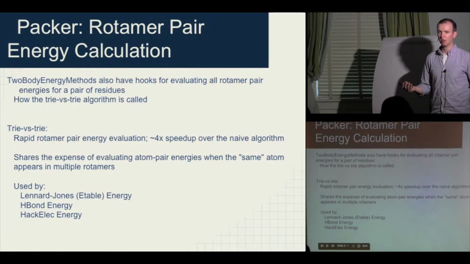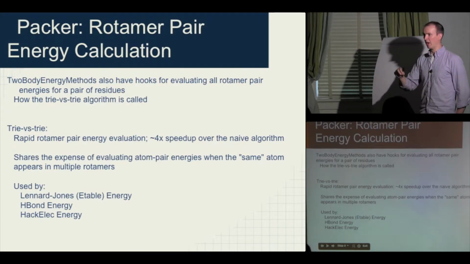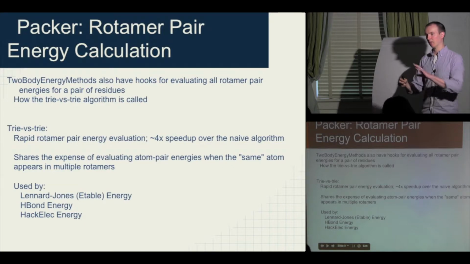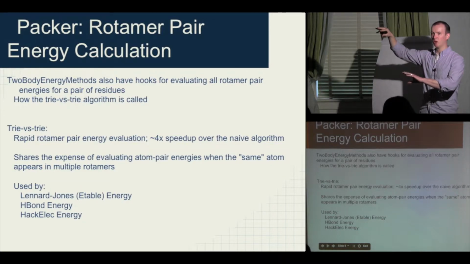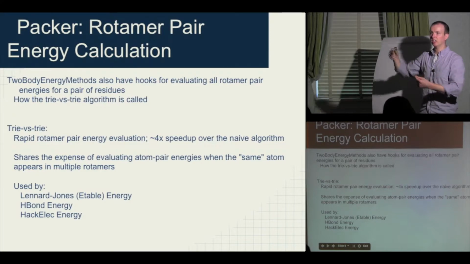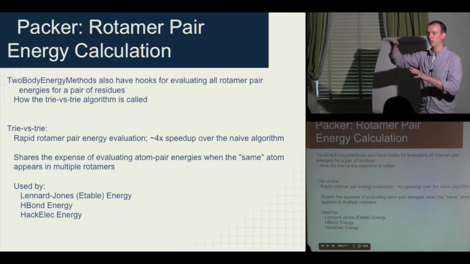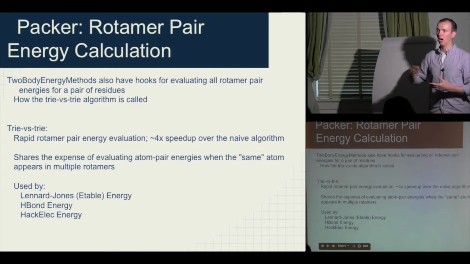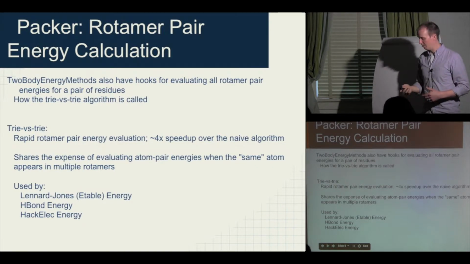The easiest example of this is if I'm placing a serine and I have, let's say, 12 serine rotamers. The C beta is in the same place every time. And maybe I've got 12 phenylalanine rotamers, and the C beta for all those phenylalanine rotamers is also in the same place. So I can compute the C beta interaction energy once, and then reuse it to calculate all 144 rotamer pair energies. So you can get a speedup in that sense.